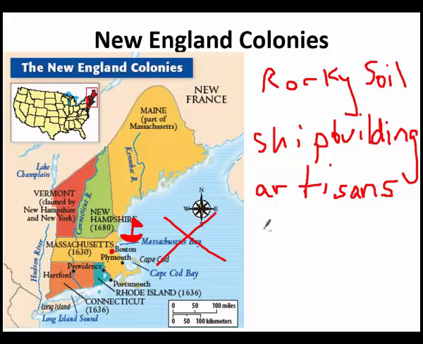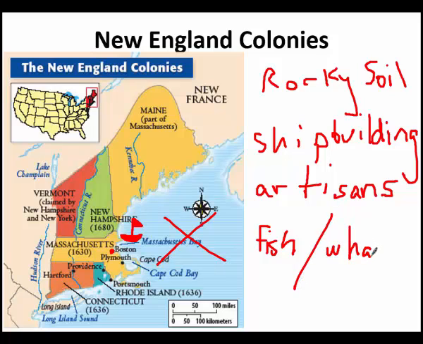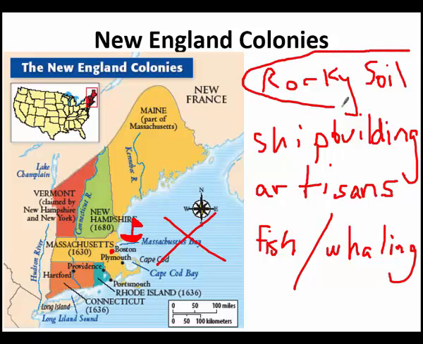And then, of course, fish is going to be a major source of income, and whaling is going to be a major source of income. So the New England colonies develop, first and foremost, they're not going to be producing food.